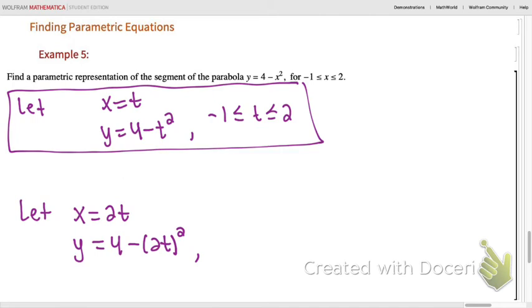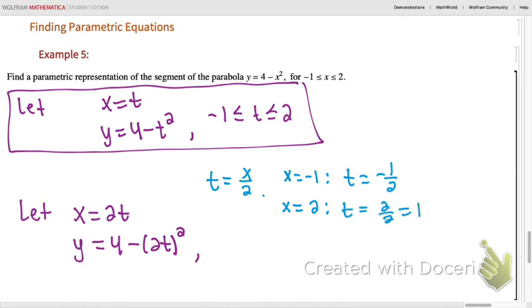I'll write this all down before I simplify. If x is 2t, that means t has to be x over 2. And when x is -1, t is equal to -1/2. And when x is equal to 2, that means t is going to be 2 divided by 2, or +1.